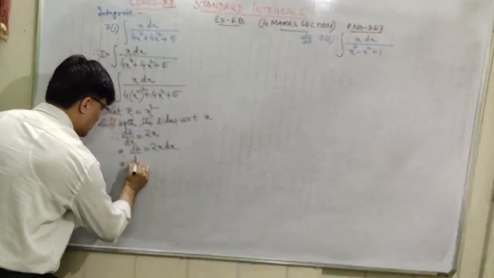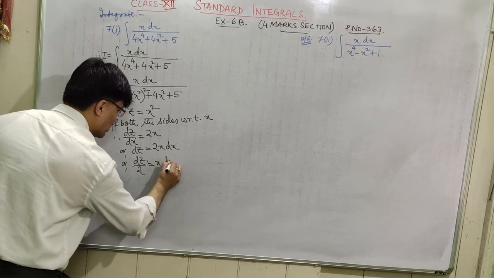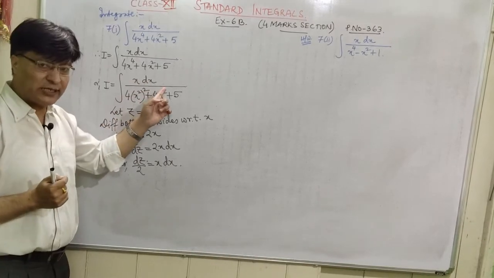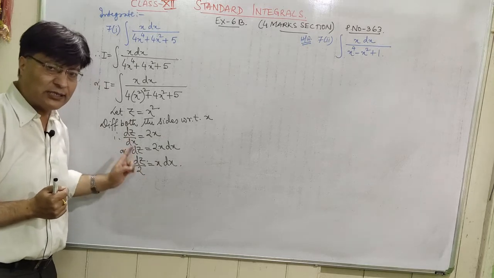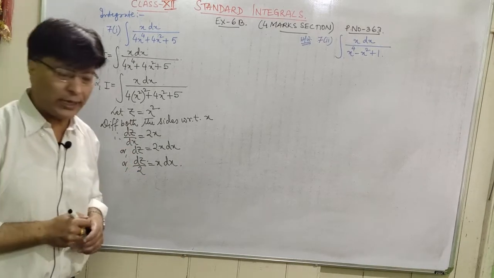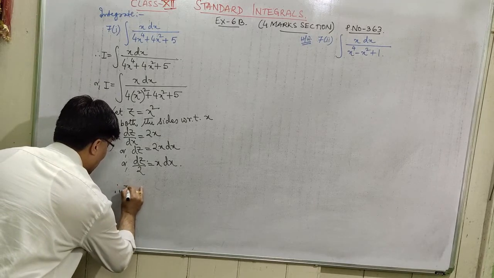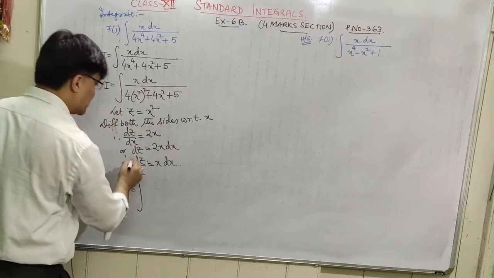Now 2 can be taken to the left hand side, so it is dz by 2 is equal to x dx. Because in the numerator there is only x dx, so get the value for x dx. What is the value for x dx? It is dz upon 2. Okay, so now what does I become? So I is equal to integration of, what is x dx?